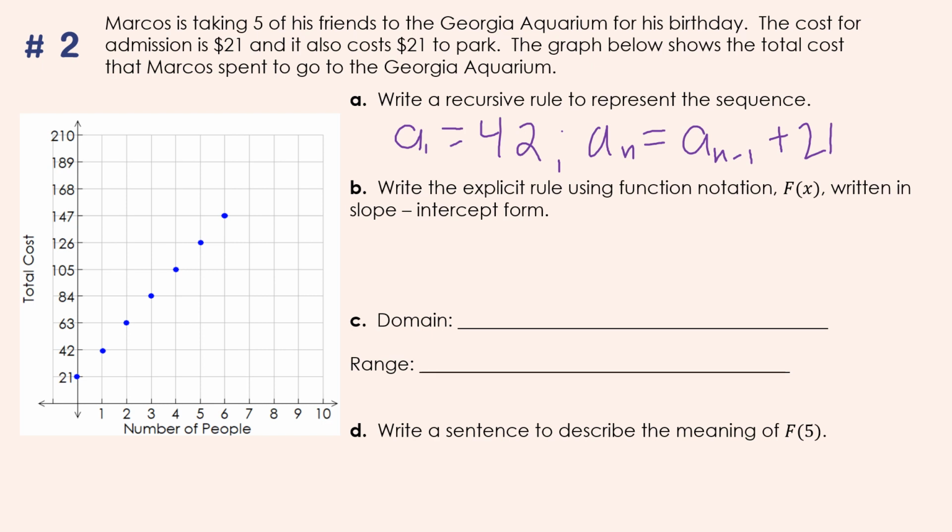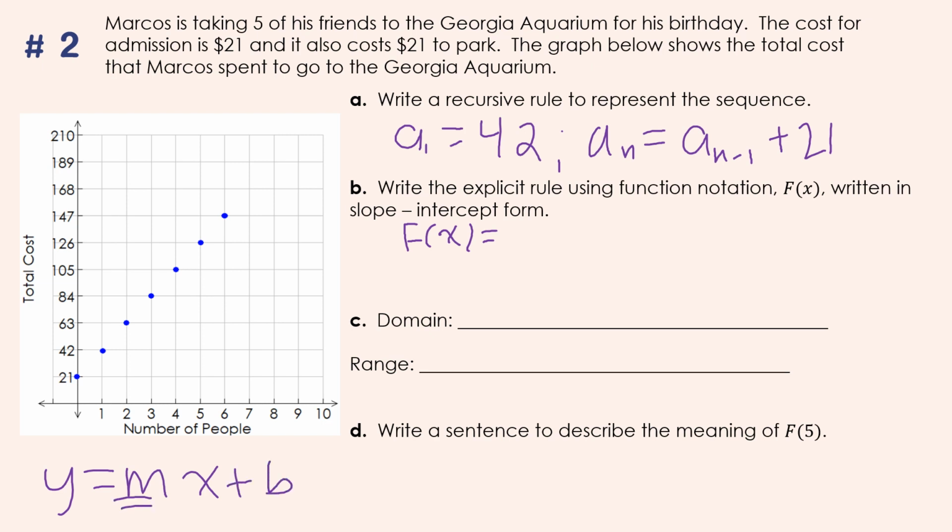Okay, now we're going to write the explicit rule, but this time we're going to use function notation. So f of x, for the explicit rule, we do the first term, and then we add the common difference times n minus 1. But it says slope-intercept form. Slope-intercept form is y equals mx plus b, right? And m is your slope or your common difference.